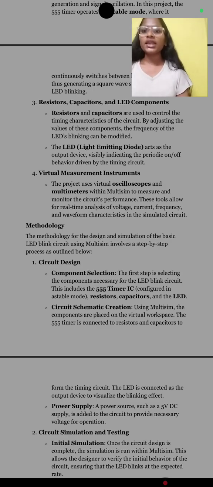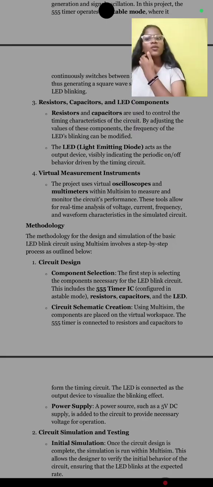The LED, light emitting diode, acts as the output device, visibly indicating the periodic on-off behavior driven by the timing circuit. Virtual measurement instruments. The project uses virtual oscilloscopes and multimeters within Multisim to measure and monitor the circuit's performance. These tools allow for real-time analysis of voltage, current, frequency, and waveform characteristics in the simulated circuit.